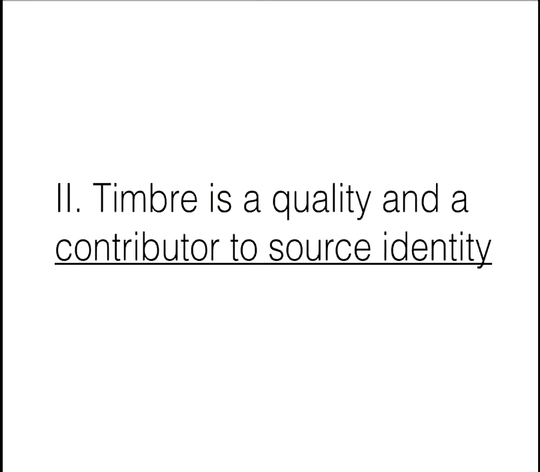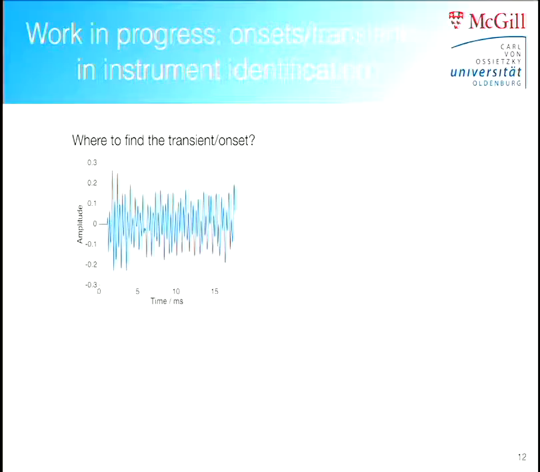Okay, and I'd like to give an example on the second part of this, so how we can study timbre as a contributor to source identity. This is ongoing work on the role of onsets or transients in instrument identification. So it's a commonplace in musical acoustics and psychoacoustics that onsets or transients are important in perceptual identification of musical instruments.